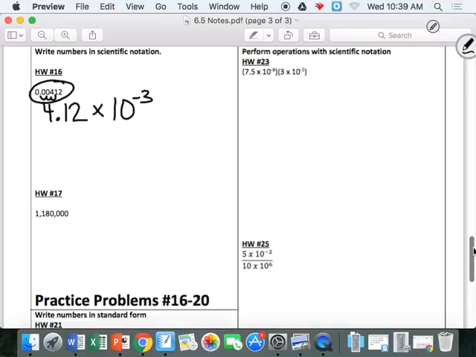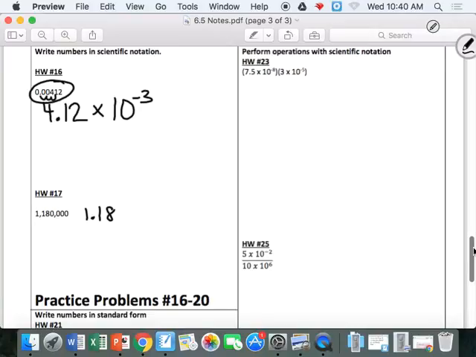Okay, so where do I need to move my decimal, Leah, to make this number between 1 and 10? Between the 1 and the 8? No, because that's 11.8. It's got to be between 1 and 10. It's got to be between the 1 and the 1. So it's 1.18, right?